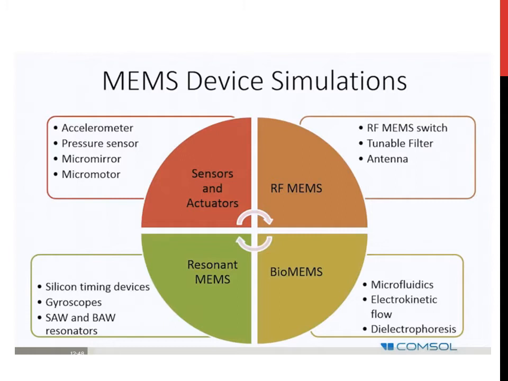For example, in the case of RF MEMS, radio frequency MEMS, the devices such as RF MEMS switch, tunable filter, antenna, and then there is also bio-MEMS, such as microfluidics, electrokinetic flow, dielectrophoresis, acoustophoresis, magnetophoresis.